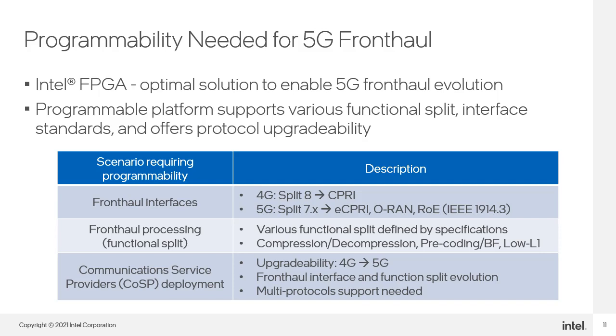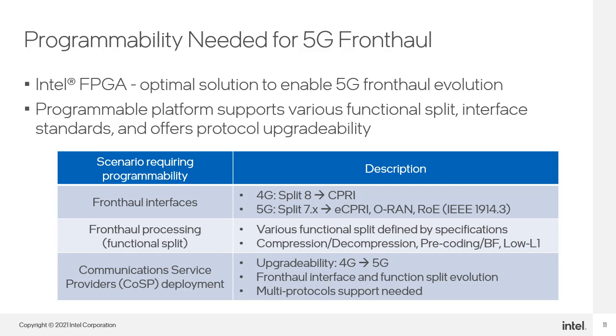This table on the right highlights some of the RAN scenarios requiring programmability that benefit from the use of Intel FPGAs. For fronthaul interfaces, 4G uses split 8 and the eCPRI protocol, while 5G typically uses split 7.2, 3, and 4, supported by eCPRI, O-RAN, and radio over Ethernet.